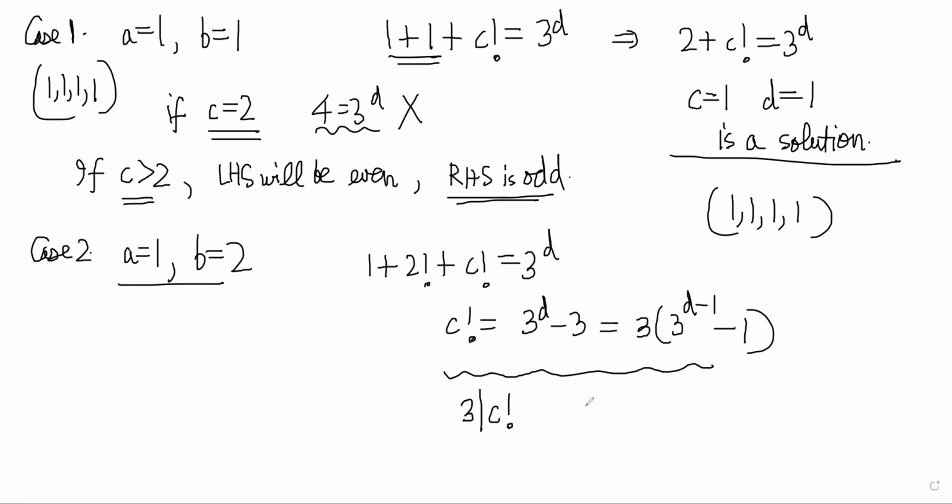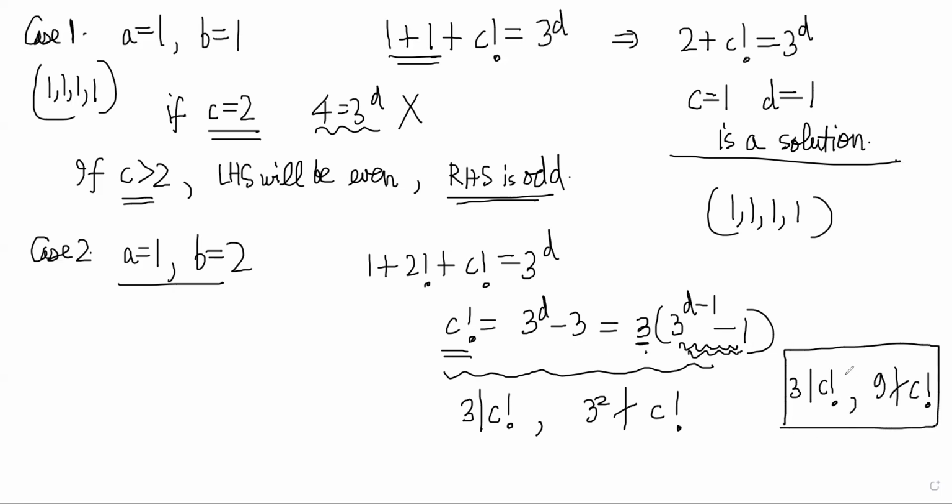However, 3 square does not divide C factorial, right? 3 is clearly a factor of C factorial, but 3 square is not a factor because this is not divisible by 3. So we know that 3 divides C factorial and 9 does not divide C factorial, right?